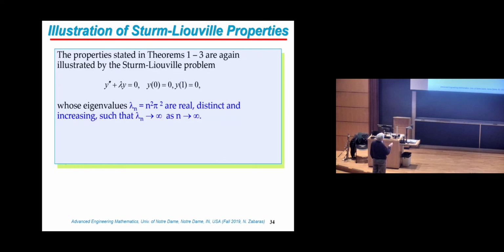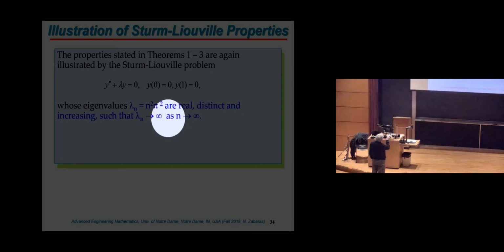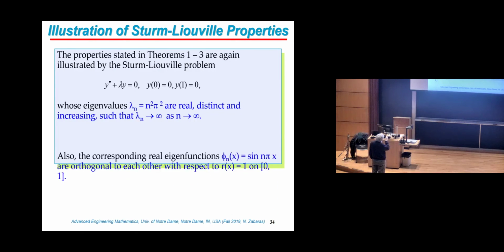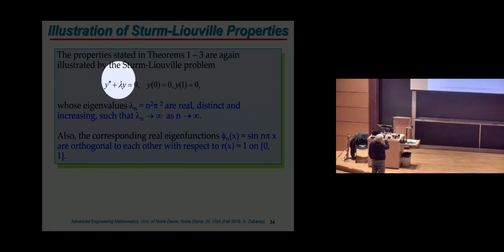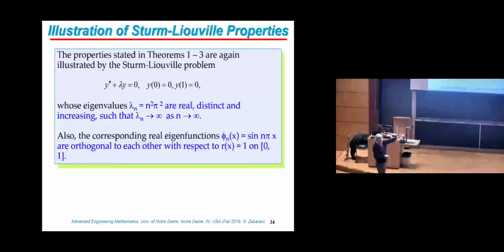And again, if you want to convince yourself that these things make sense, for our simple problem, these are the eigenvalues. They are infinite. Lambda n goes to infinity, right? And actually, you can see the orthogonality. What type of eigenfunctions do we get for this problem? Remind me.